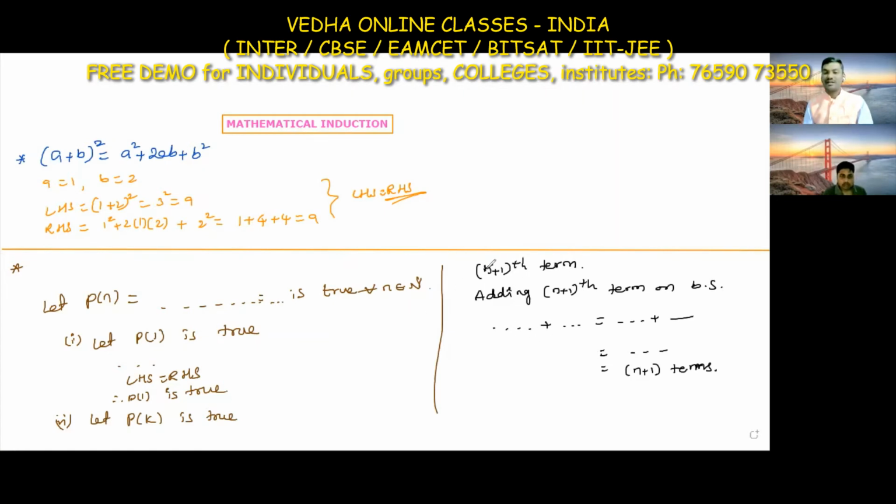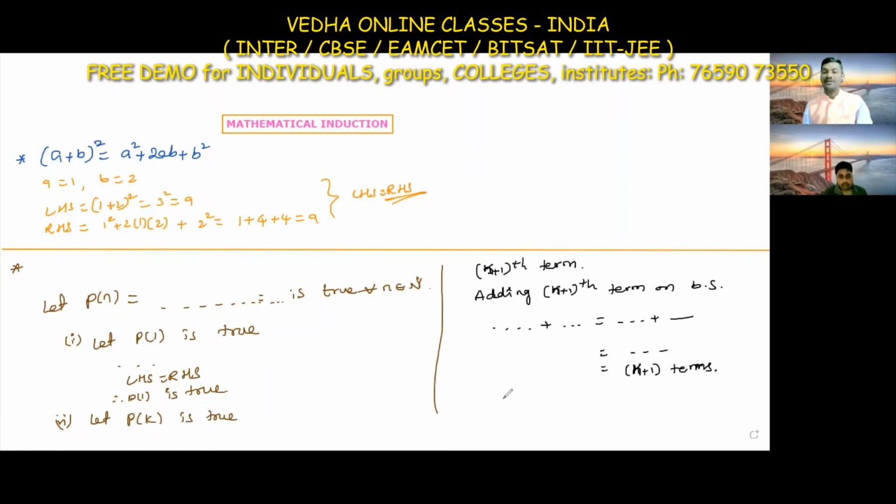So we take the (k + 1)th term and add it on both sides, and finally we get the answer in place of n as k plus 1.